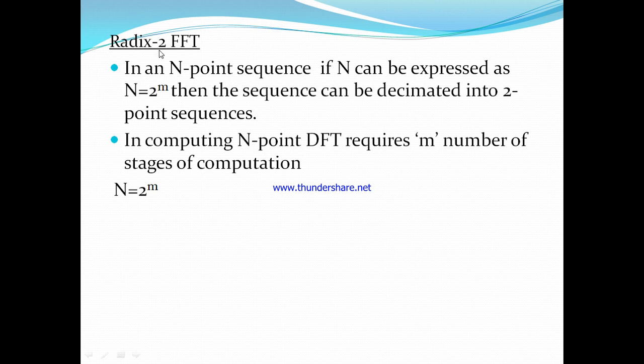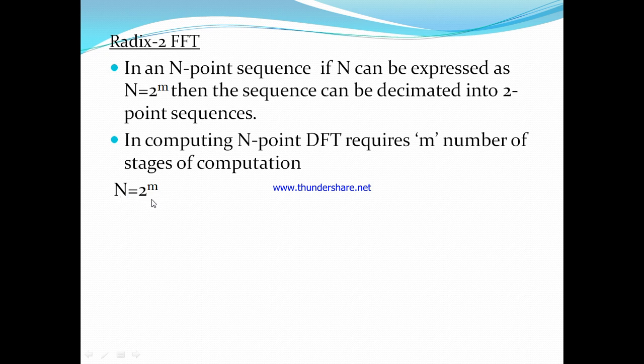So this is the Radix 2 FFT. In Radix 2 FFT, the N-point sequence can be represented by 2 power m. That means this is Radix 2. Here m is the number of stages of computation. For an N-point sequence we can write N equal to 2 power m.